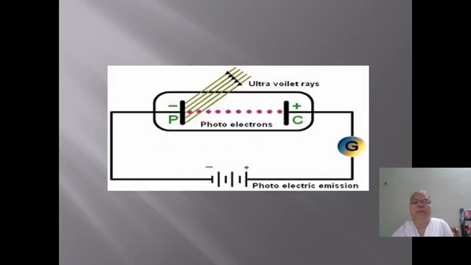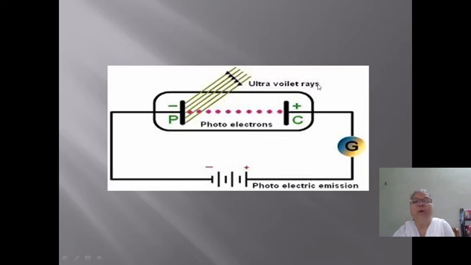Then the experimental setup for observation of the photoelectric effect. This is an evacuated tube, and it is fitted with an anode and a cathode, and here the cathode acts as a metal plate.